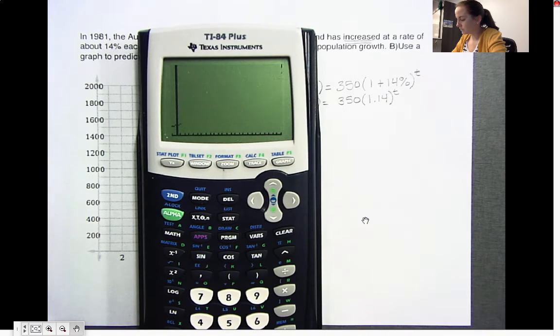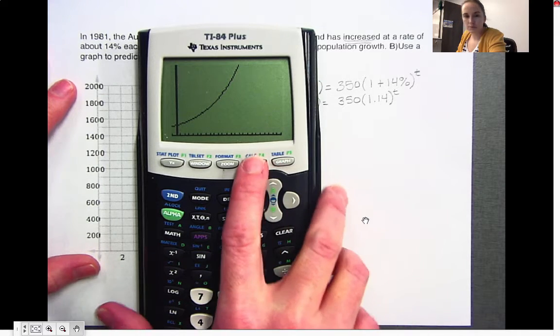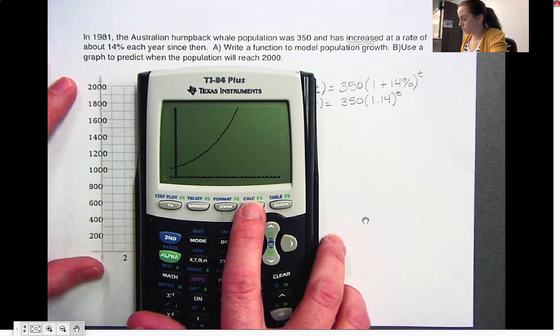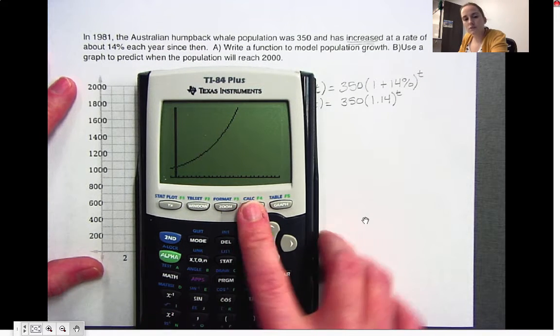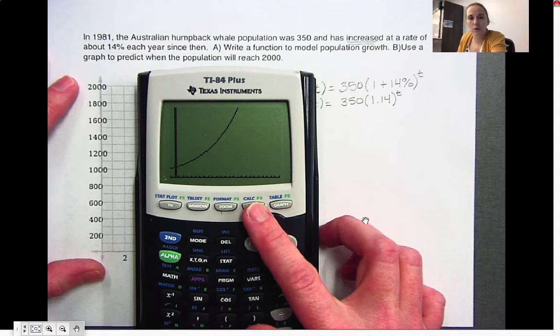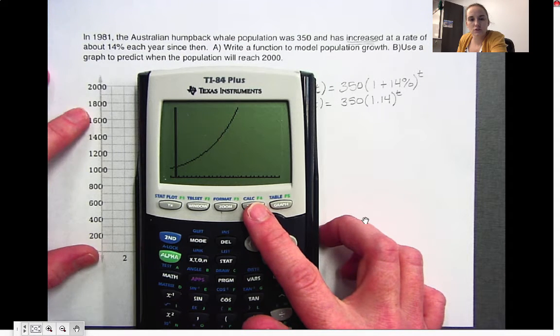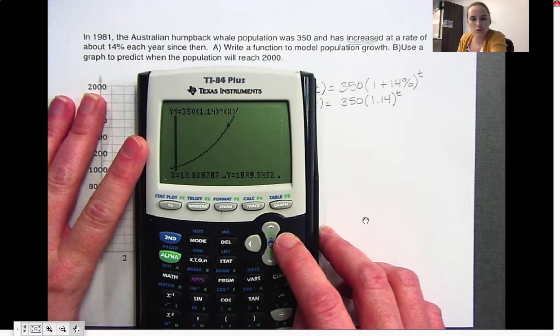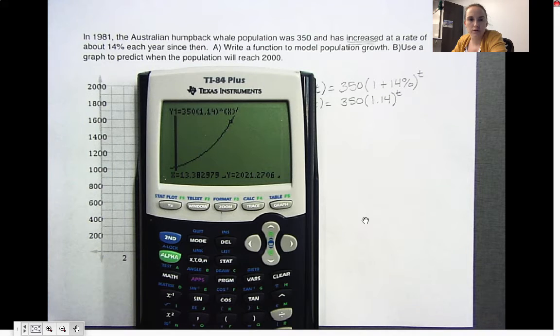So then I graph, and that's the image that I have. So all we have to do now is use our trace button to determine when the population will reach 2,000. This is a more appropriate way to find it rather than using the table. So we're going to move until we get to 2,000.